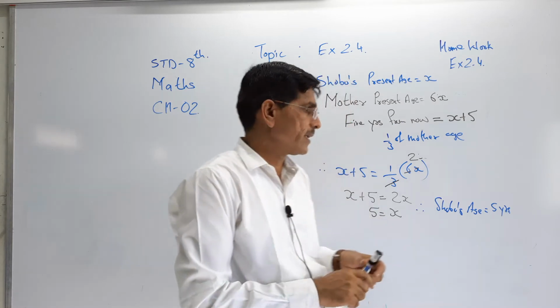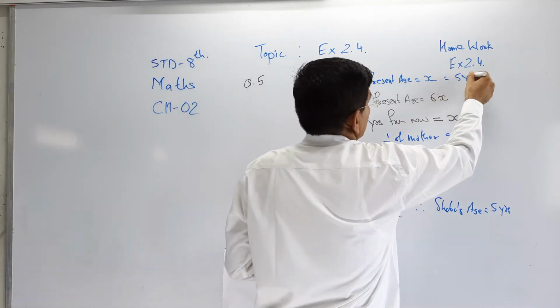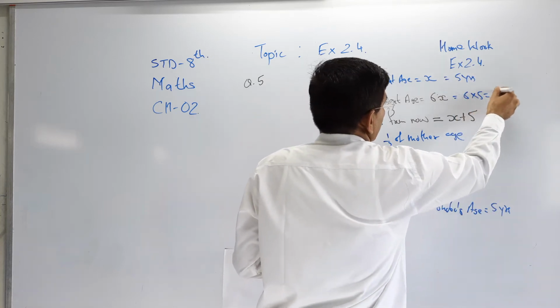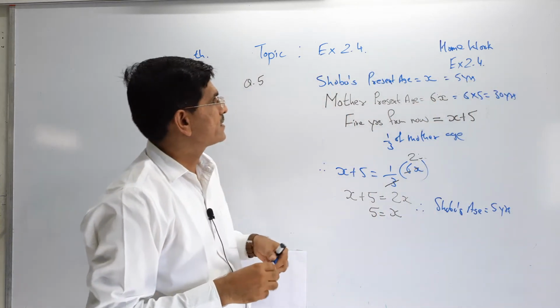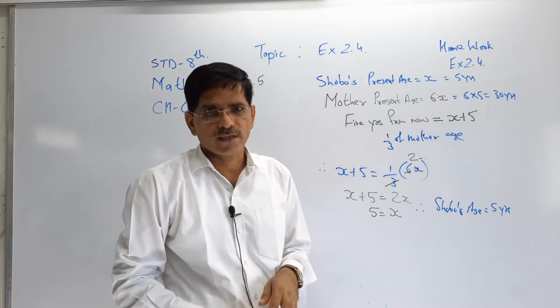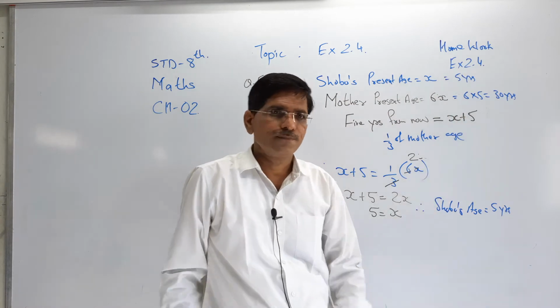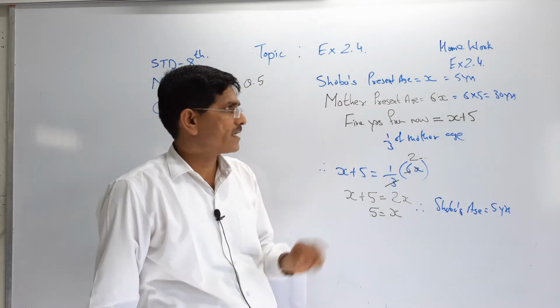And her mother's age is 6 into 5, that is 30 years. Mother's age is 30 years and Shobha's age is 5 years. Again, Shobha's present age is x years. Mother's present age is 6 times, so 6x.